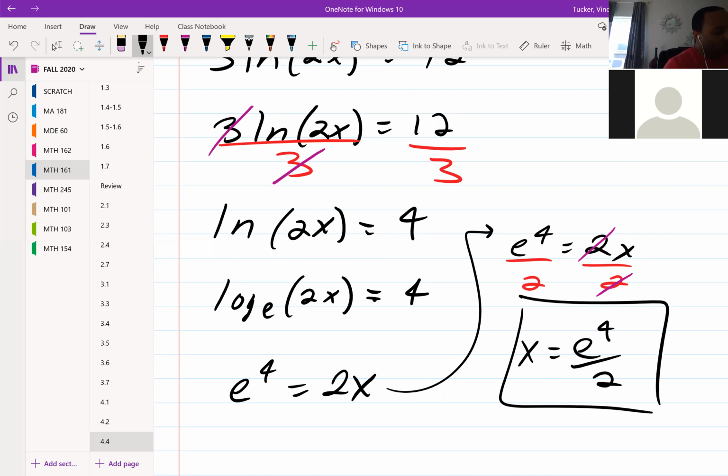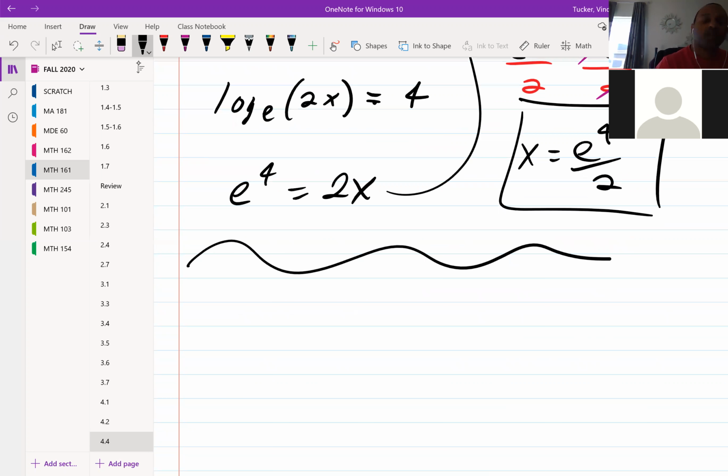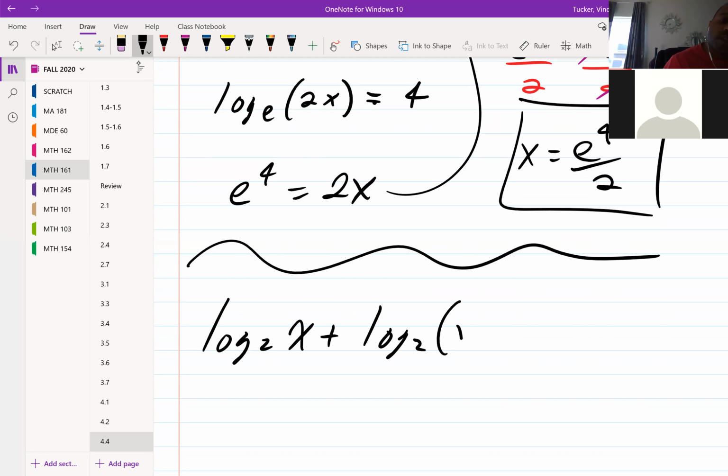All right, just 2 more. Here we have log base 2 of x plus log base 2 of x minus 7 equal to 3.